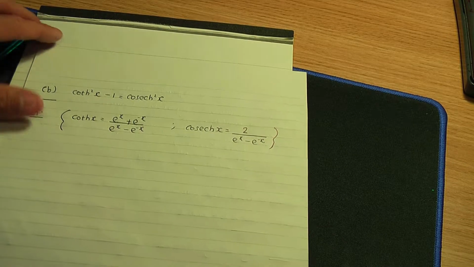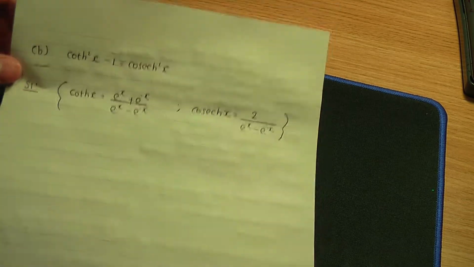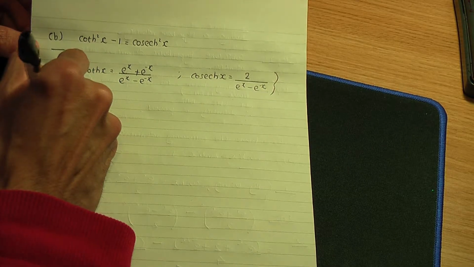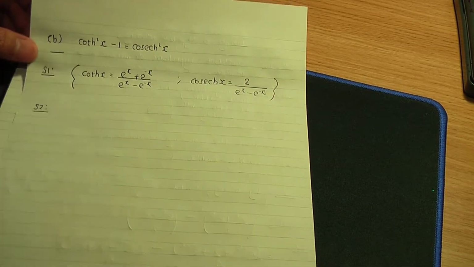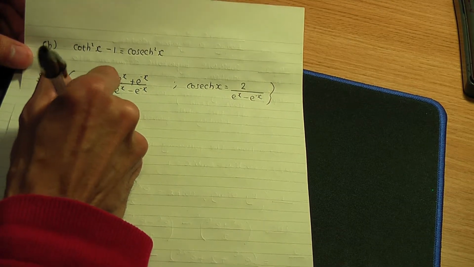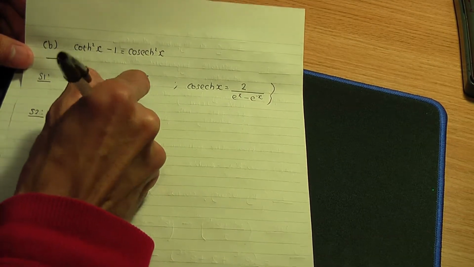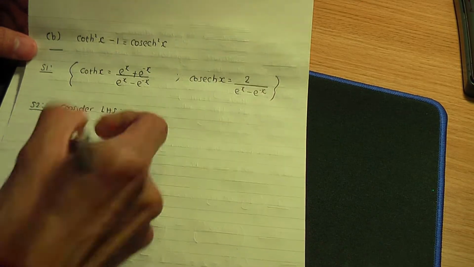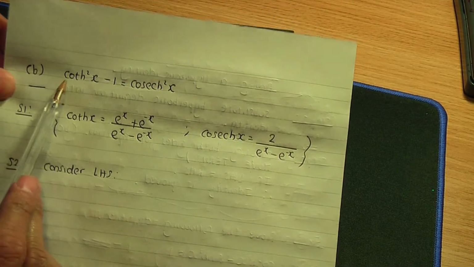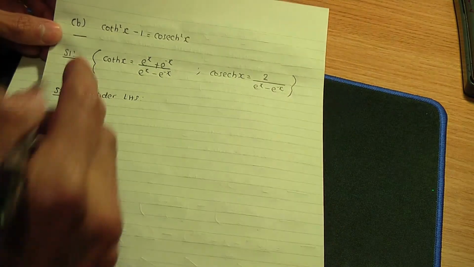Okay. Now, if I consider the left hand side, let's call this step 2. So replacing into both sides. If I consider the left hand side, this term over here, hyperbolic cot squared x minus 1.